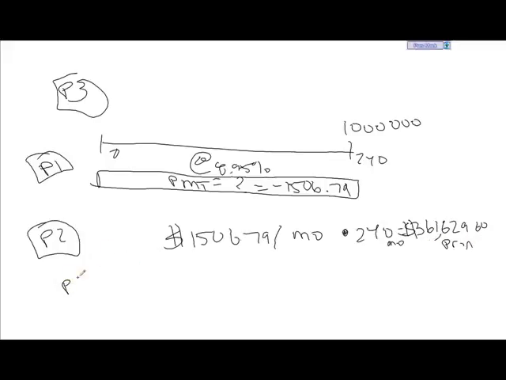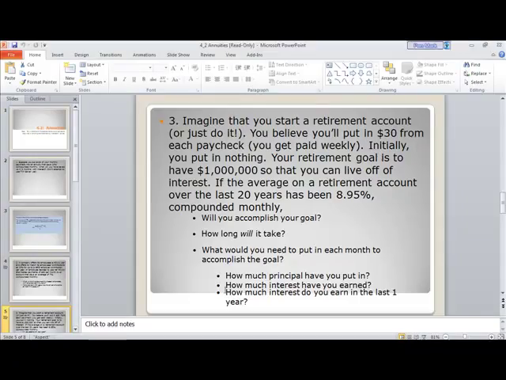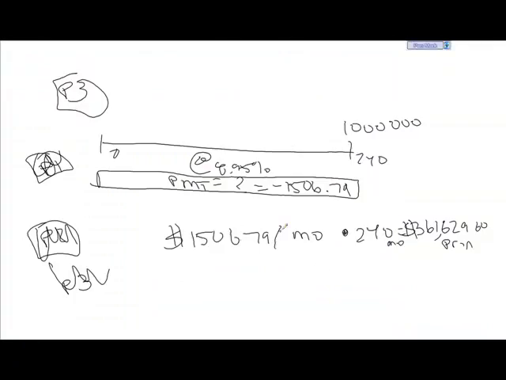The next question, or the next part, well, I guess this is part 1. Forget it. We won't call these parts to not confuse them. So this is part 3. We want to know how much interest have you earned. Well, keep in mind that the million is the full amount. That's principal and interest, what we put in and what we've earned.